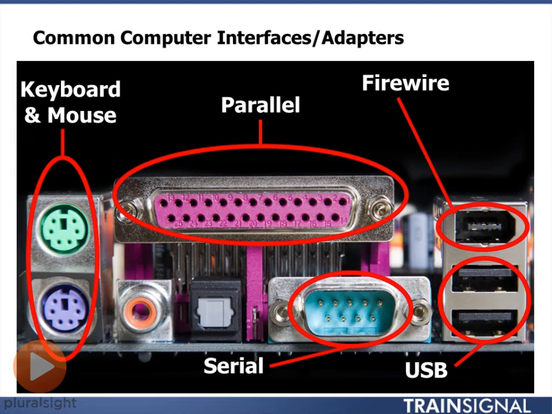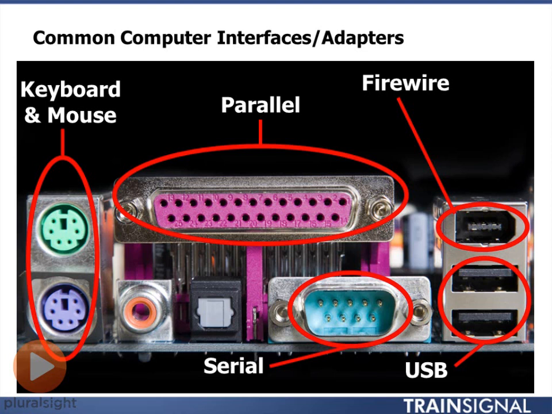And part of the reason why is because the PS2 keyboard and mouse, they weren't hot swappable, meaning you couldn't plug them in live. The other thing is that very often they were specific. The green one on top is specific to the mouse, and the purple one on the bottom is specific to the keyboard. Okay, so you kind of had to have those correct, whereas now you can just plug them into any USB port and you're fine.